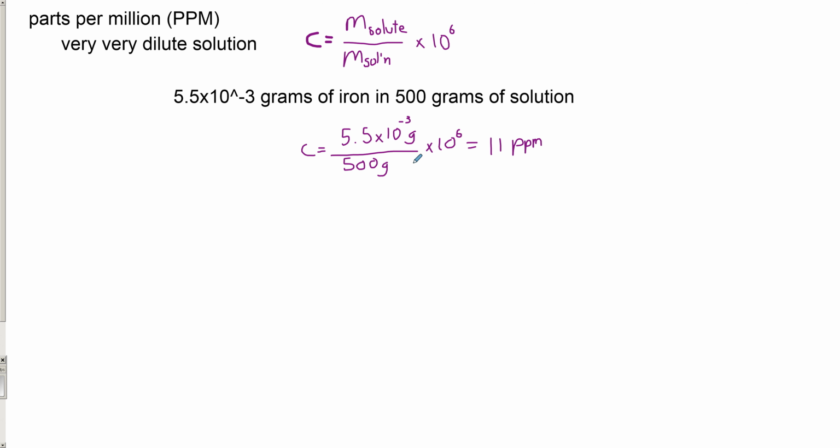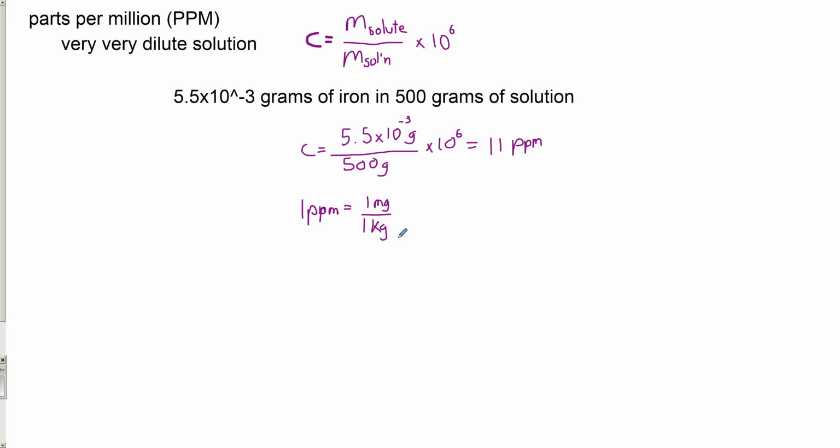So for a solid in a solid, we're going to use grams over grams times 10 to the 6, times a million. But what if you've got a milligrams measurement and a kilograms measurement? We can say this: 1 part per million is 1 milligram divided by 1 kilogram.